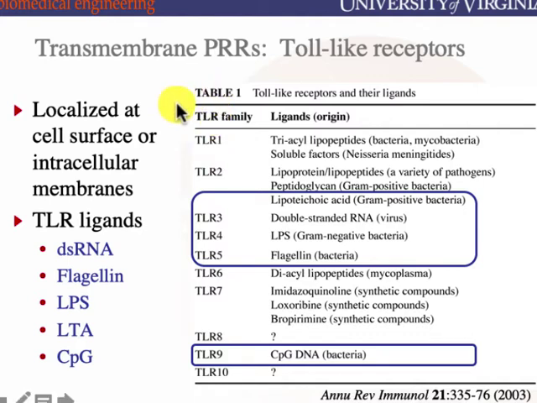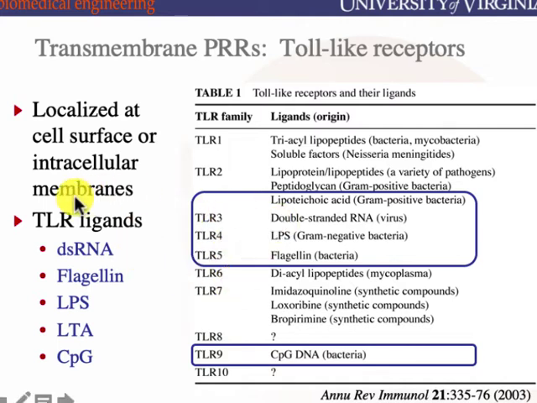And this table of TLRs is not in blue, but I have some blue squares here. That's because what I want you to do is not memorize the TLRs, but to know the different structures and the different repeating motifs that these toll-like receptors are going to recognize, okay?